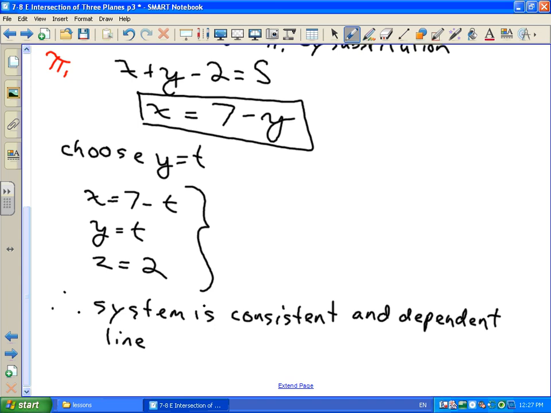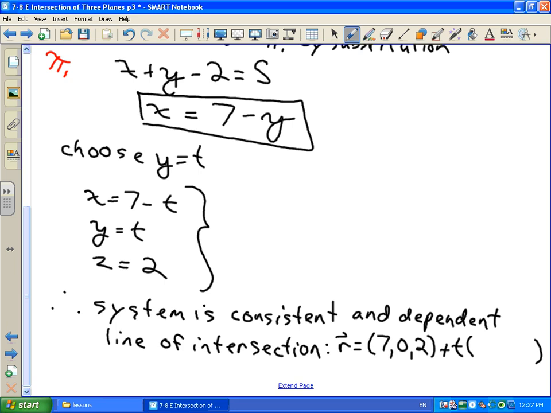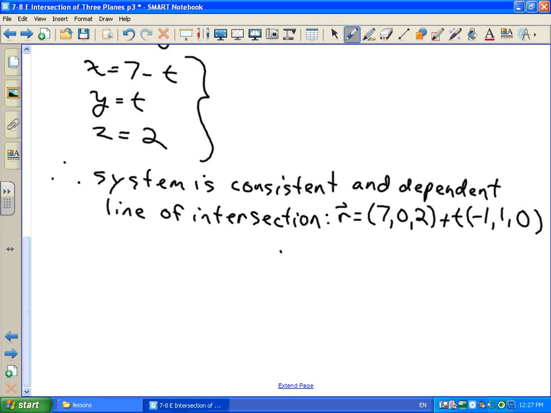And let's just say the line of intersection, let's put this in vector form, is going to be 7, 0, 2 as our point, plus t times negative 1, 1, and 0. Okay, and there we are. We've classified the system as consistent and dependent, and because it's consistent, we have found the solution here.